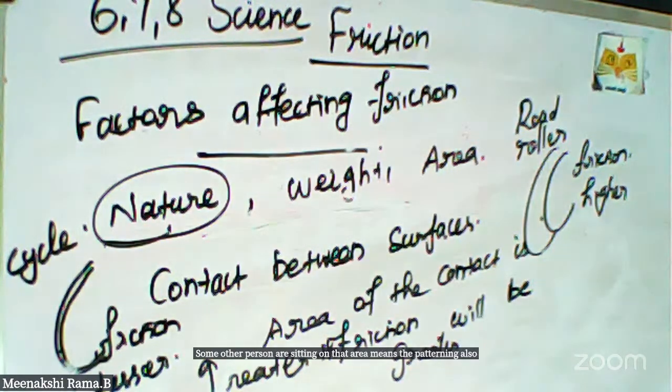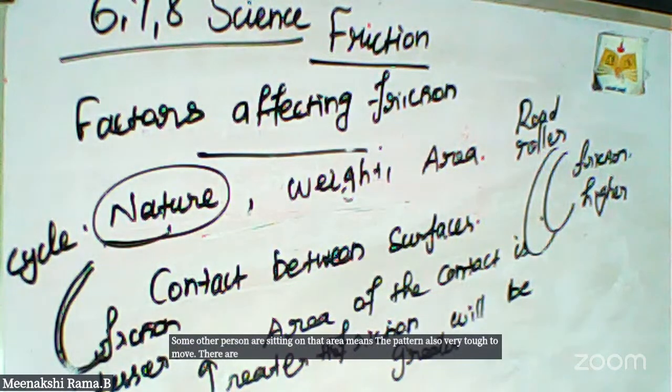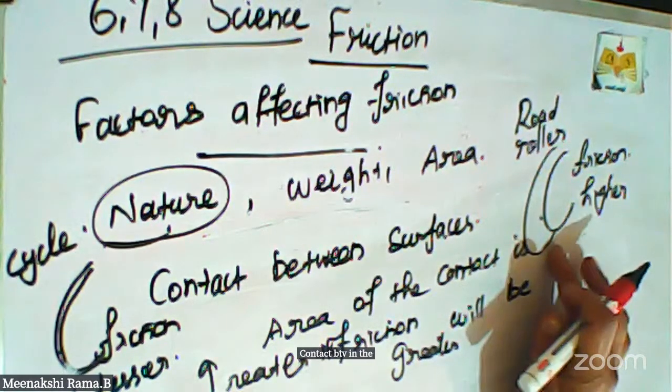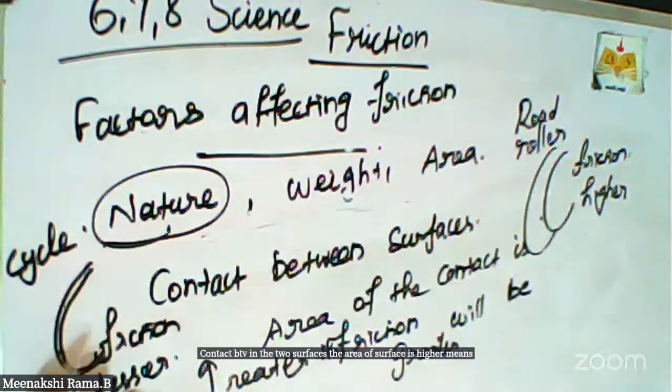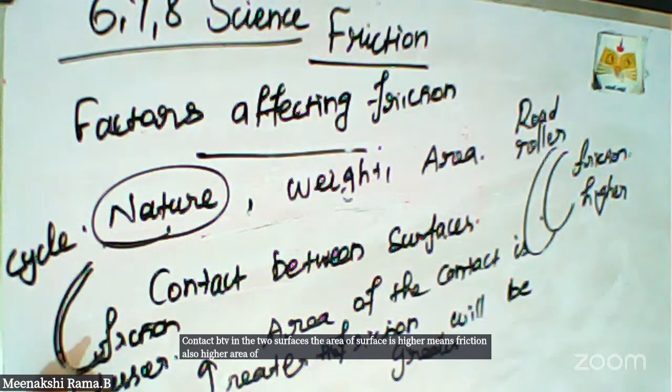If three students are riding a bicycle, the friction is higher. Area of contact means the friction is directly related to the contact between the two surfaces. If the area of the surface is higher, friction is also higher; if it is lesser, friction is also lesser.